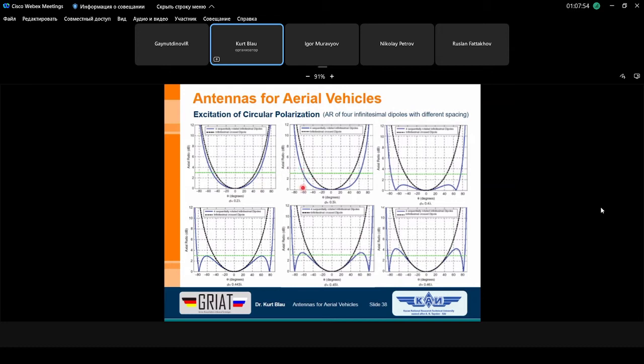Then we have here minus 60 and plus 60 degree, meaning totally 120 degree. Over this angle, we can ensure that our axial ratio is minimum 3 dB or better. Now we make the distance a little bit larger between the dipoles. It's now 0.4 lambda, and this is very interesting.